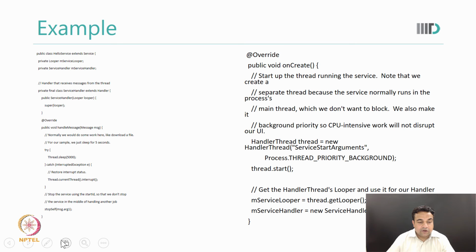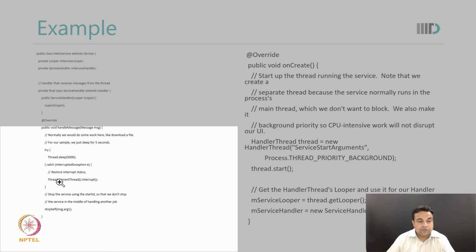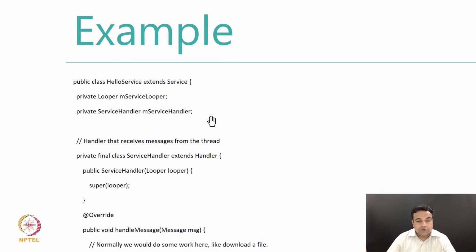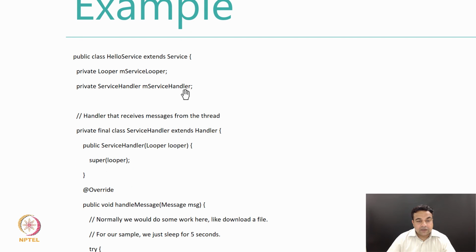So let's look at an example. This is a rather long example. Yes, here we are trying to create a service by extending the base class Service. I will only go through some of the major topics. For example, here we have to create a handler that receives messages from the thread.